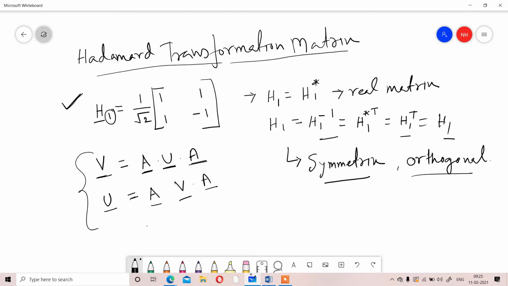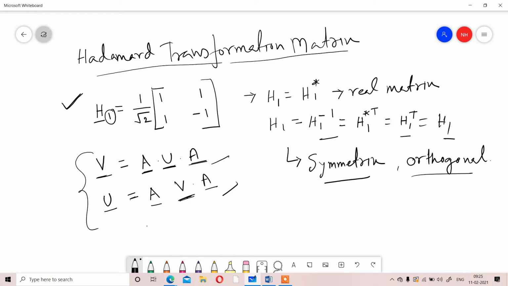If we want to calculate the input image from the transformed image, same thing: replace U by V, replace the input image by the transformed image, and you will get your input image. Okay, so that is the advantage of the Hadamard matrix.